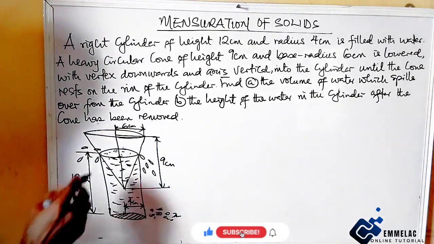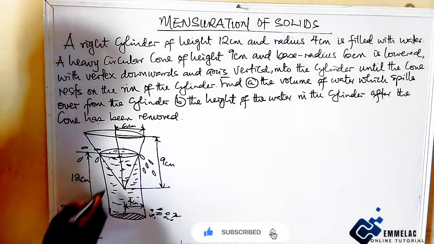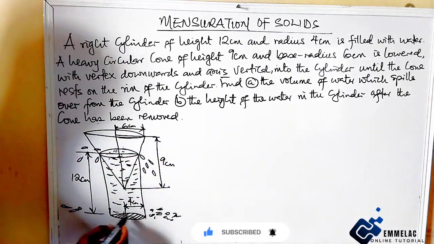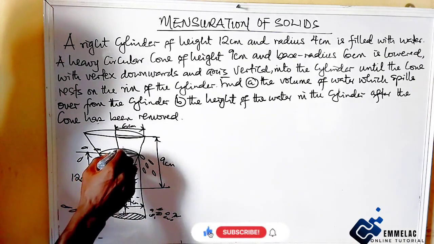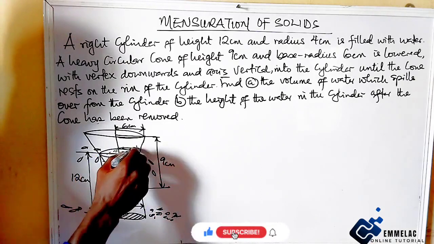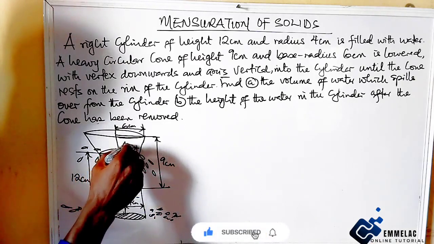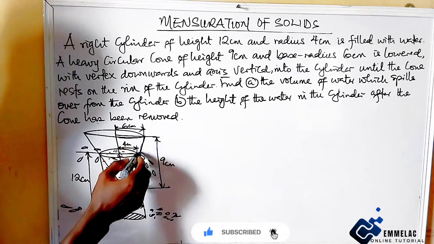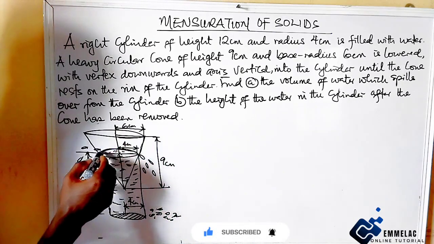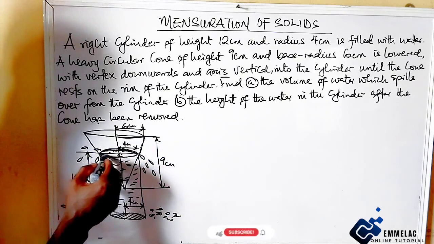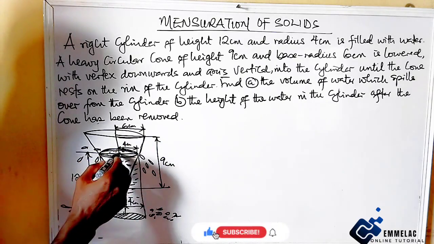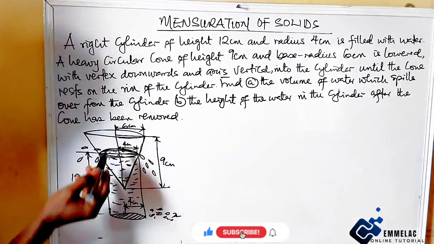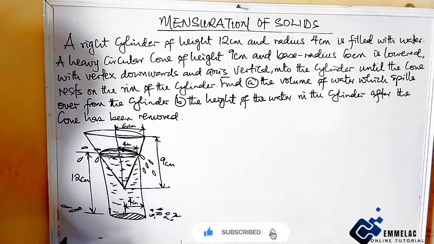Okay, now we need to know here. Take note, since the radius of the cylinder is 4, automatically here is 4, because this part of the cone takes the shape of the cylinder, so automatically this part of the cone is 4 centimeter.